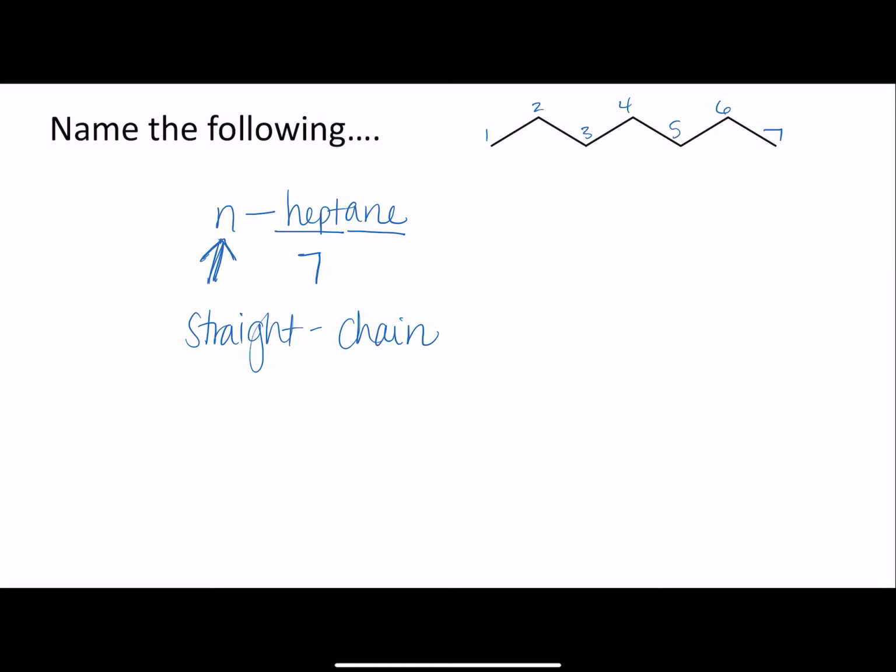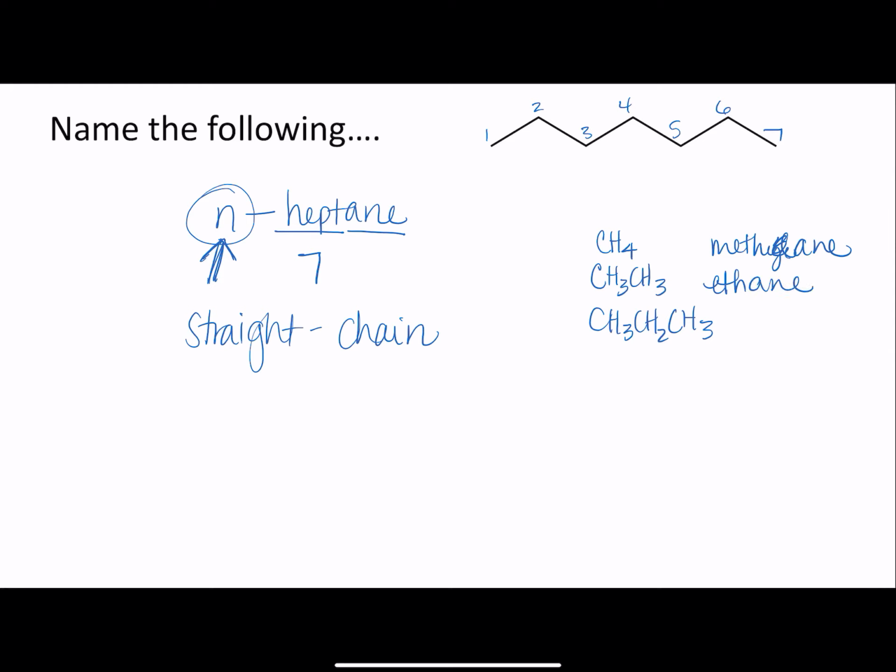Now, there are 3 that will not get this n, even if they are nice and straight. 1 is methane, 2 is ethane, and the third is propane. There's only one way to arrange these 3. Oops, I should say ane, not yl.